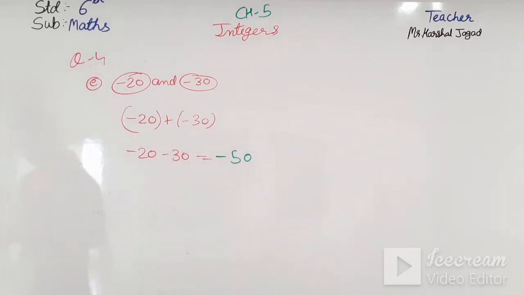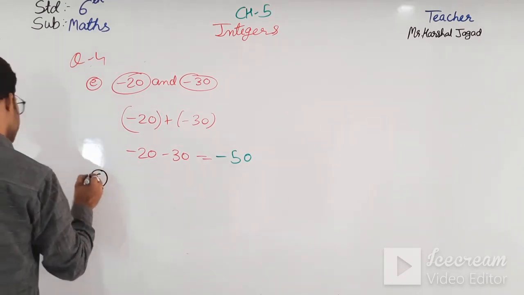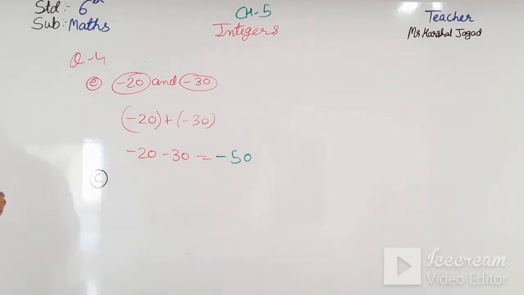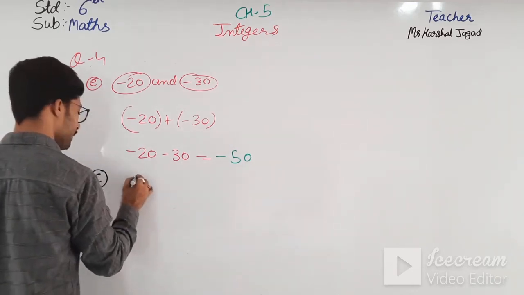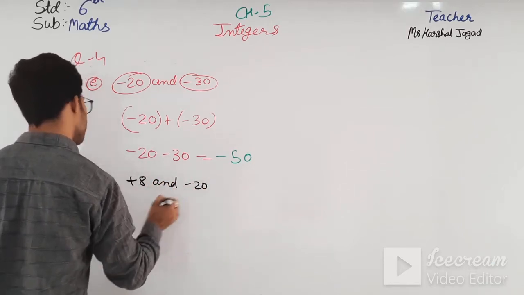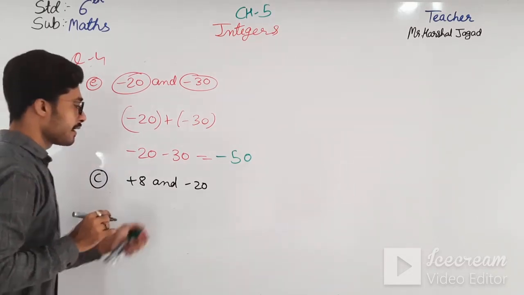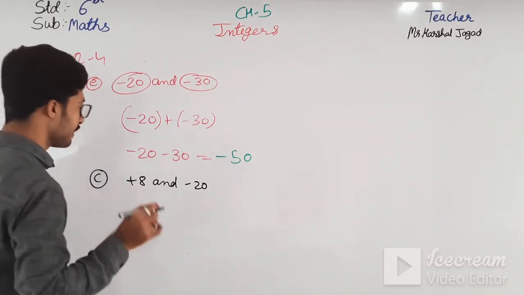Okay, taking another one, C. So here C is plus 8 and minus 20. Plus 8 and minus 20. So how will you solve this?